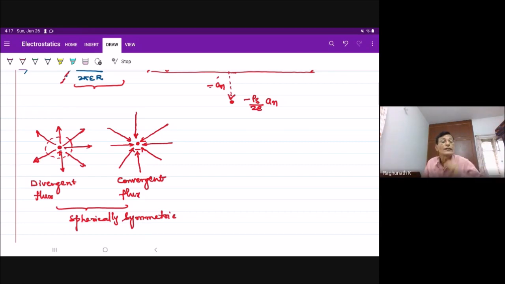In fact, because the flux density and the field intensity is inversely proportional to r here, when the distance between the lines is small, the field is strong. When it is more, the field is weak relatively. As we move out, the distance between the lines increases, and we say the field intensity will decrease.